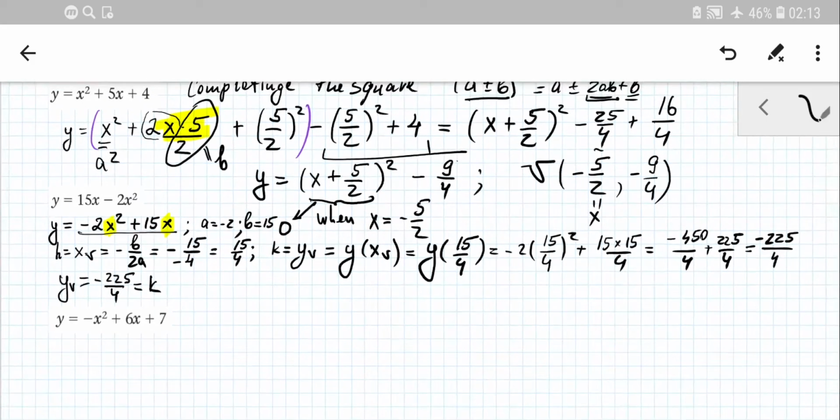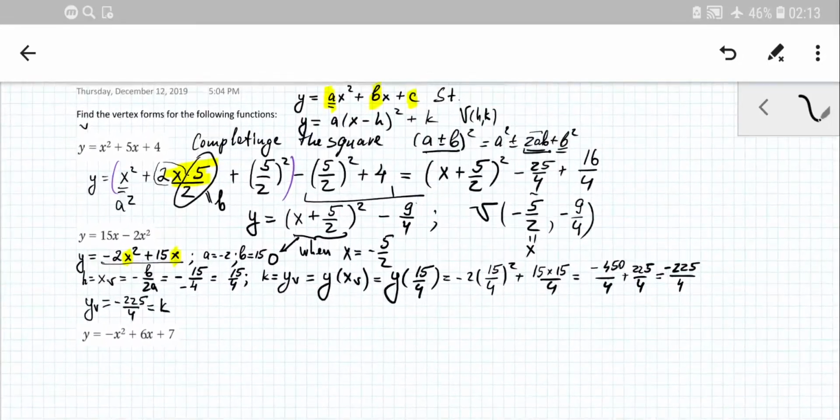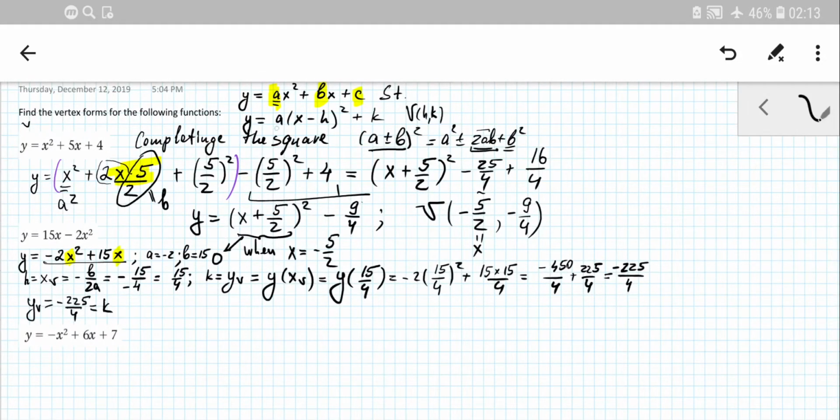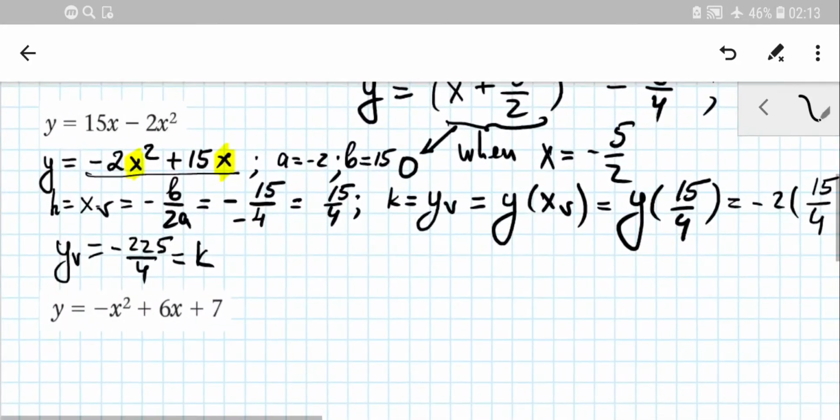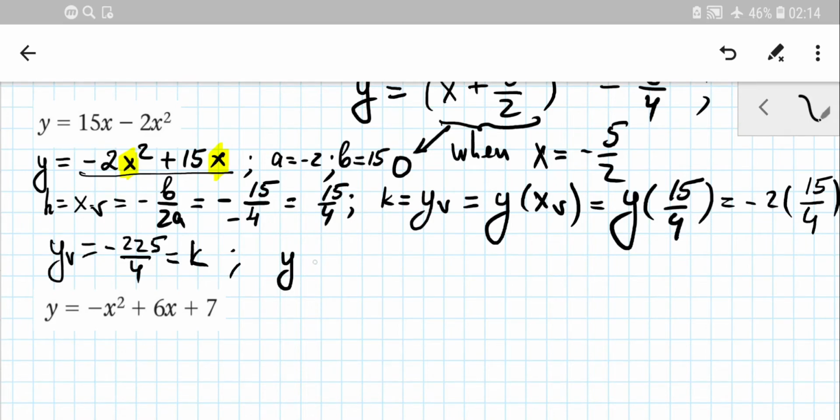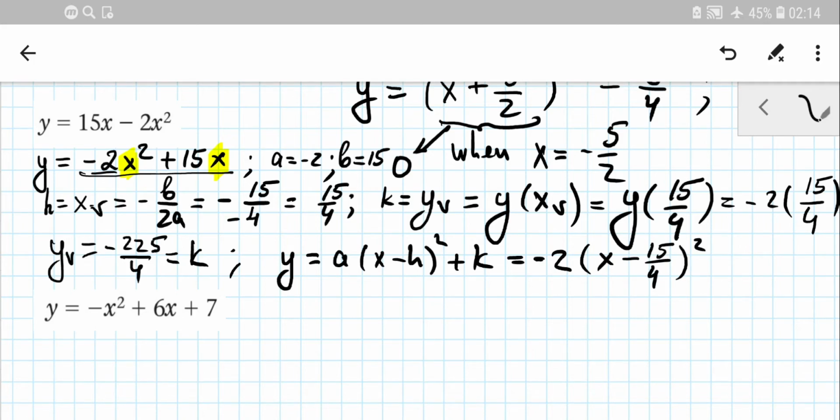So finally, we've got the vertex form, which is a times x minus h squared plus k. We just write this according to our formula. So y in the vertex form will be a times x minus h squared plus k. If we rewrite this using a as negative 2, we get negative 2 times x minus h, and h is 15 over 4, so minus 15 over 4, squared.